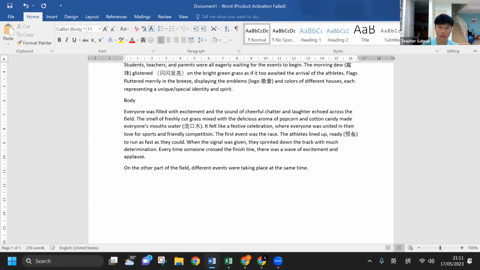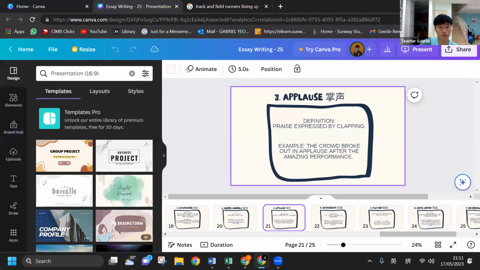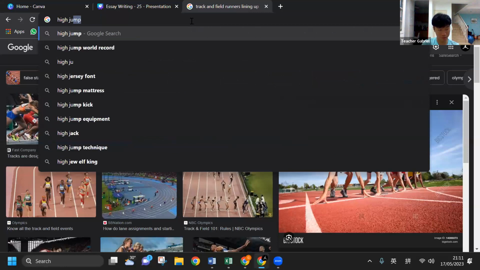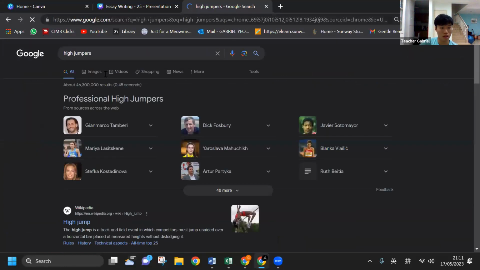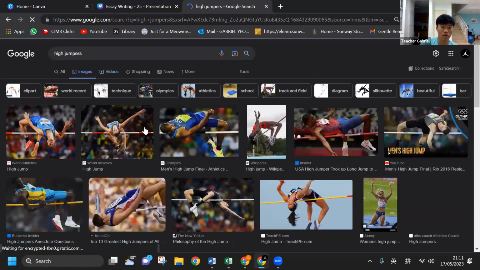Okay, so different events were happening at the same time. What are we going to say? We will talk about high jumpers. If you don't know what high jumpers are, maybe let's see some images. These are high jumpers.